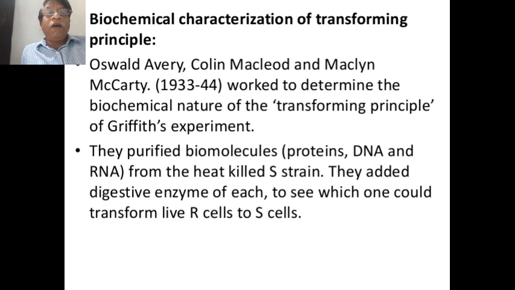That is, Avery, Macleod, and McCarty conducted a series of experiments in 1932 to 44 and worked to determine the biochemical nature of the transforming principle of Griffith experiment.